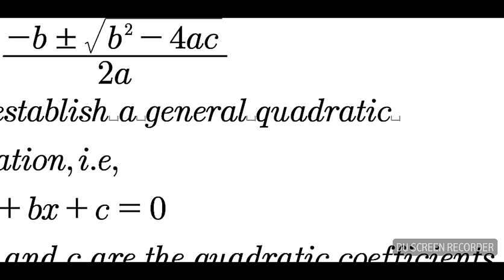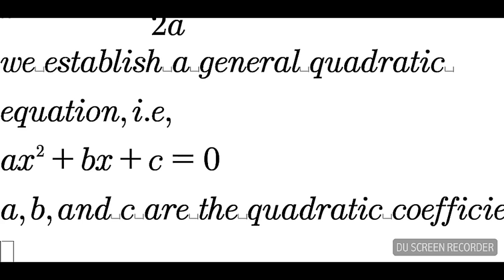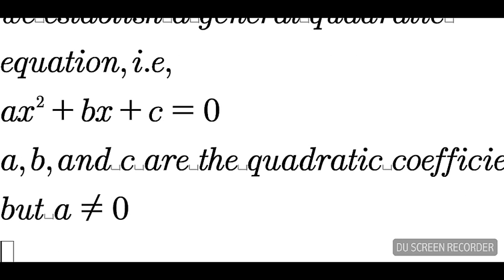But a is different from 0, otherwise it turns into a linear equation. All right, let us now complete the square in an easy way.